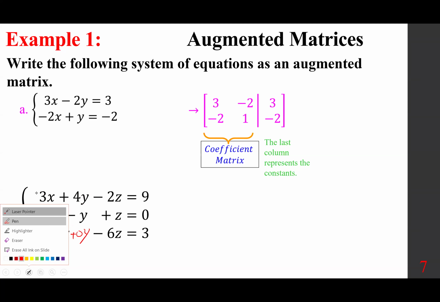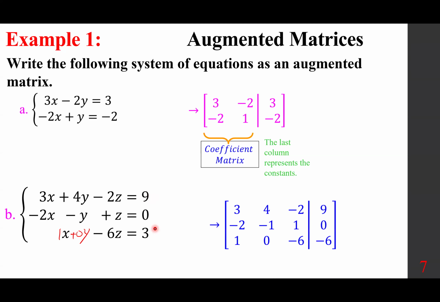So the second column, y, would be 4, minus 1, 0. The third column for z would be negative 2, positive 1, minus 6. Then we have a line, and the last column, the constants, 9, 0, 3. So this is what we have: 3, minus 2, 1; 4, minus 1, 0; 2, positive 1, negative 6; 9, 0, 3.